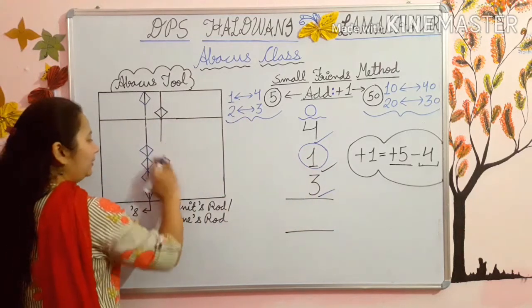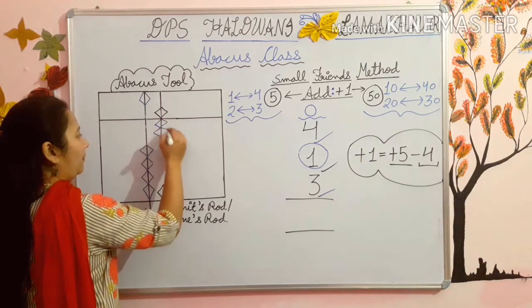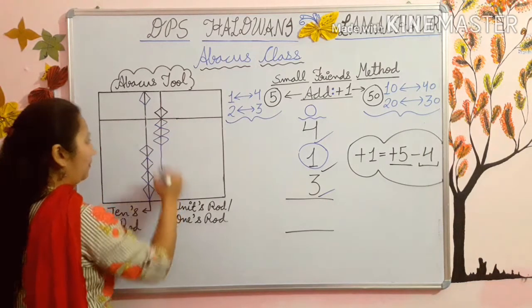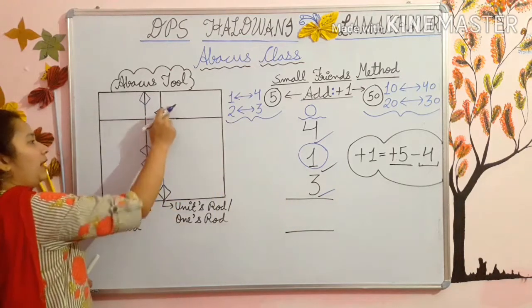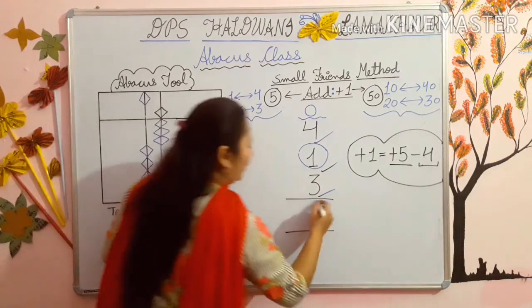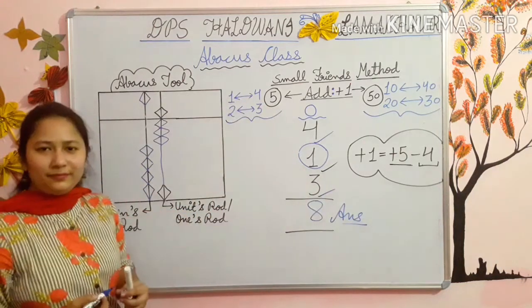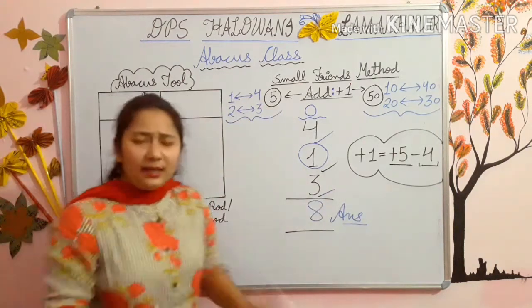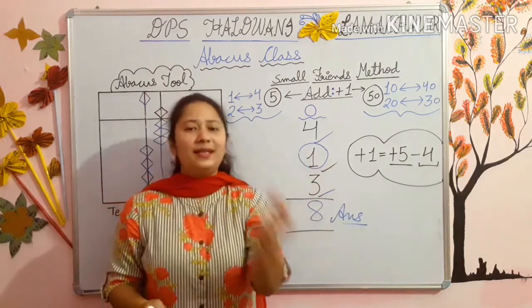Now add 3. 3 means put the 3 beads up. Now this also done. Now count 5, 6, 7, 8 and 8 is your answer. Kids, it's very easy. If you will practice it, you can do in some seconds.